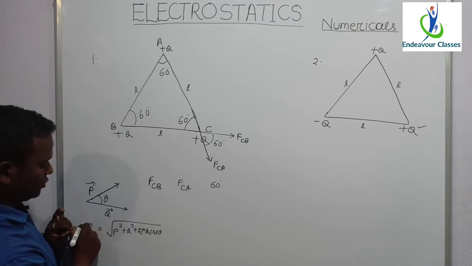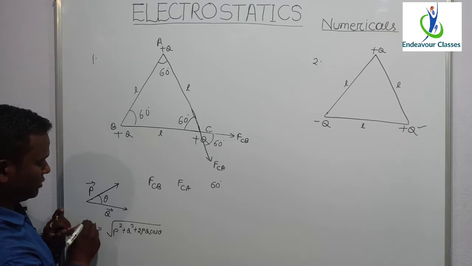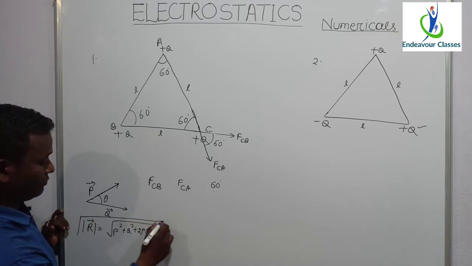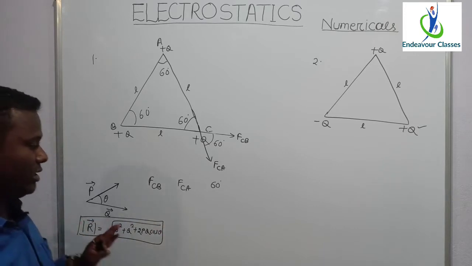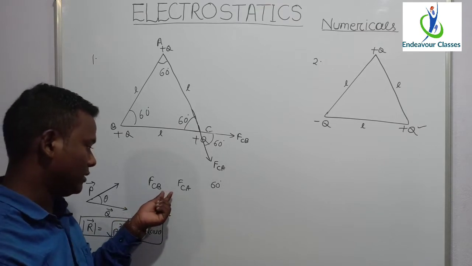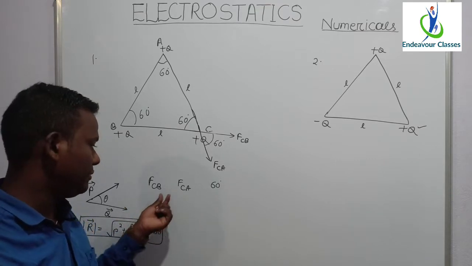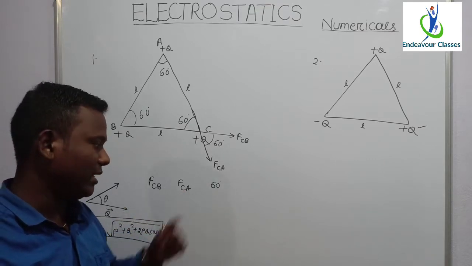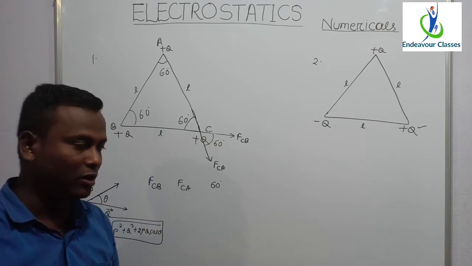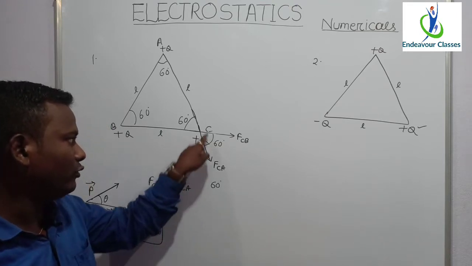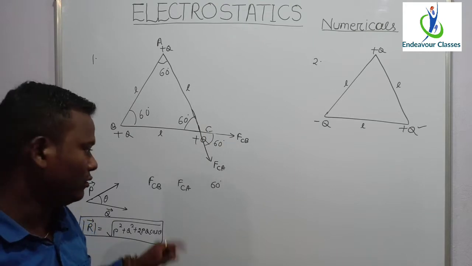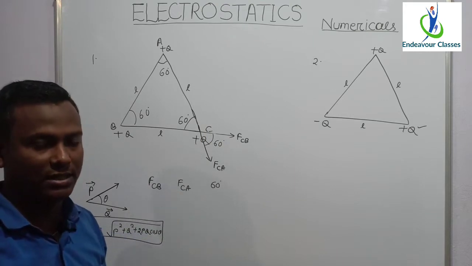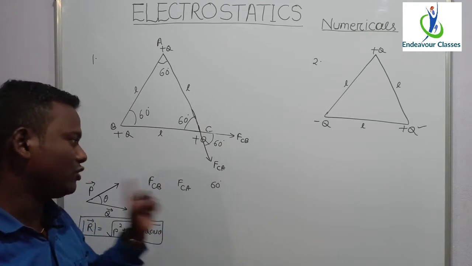So this is the formula for the magnitude of the resultant. So here we have two forces, FCB and FCA, and both are inclined at an angle of 60 degrees. In order to find out the net force on this plus Q, we have to find out the sum of these two forces, that means we have to find out the resultant of these two forces.